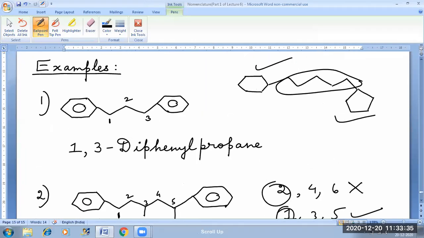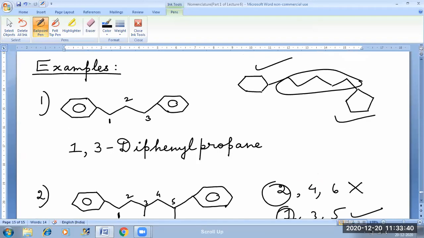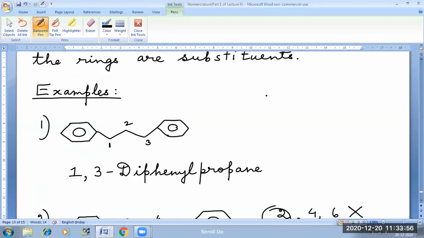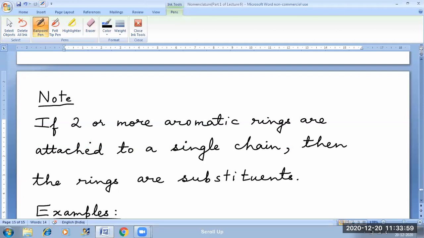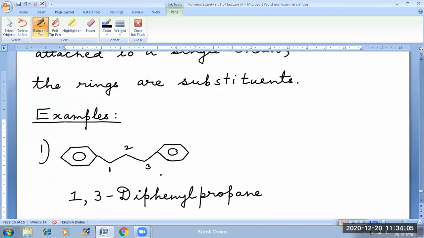Just note down these two. So this is one example, and this second example, you can note down this. So when two or more aromatic rings are attached to a single chain, then the rings are substituents.